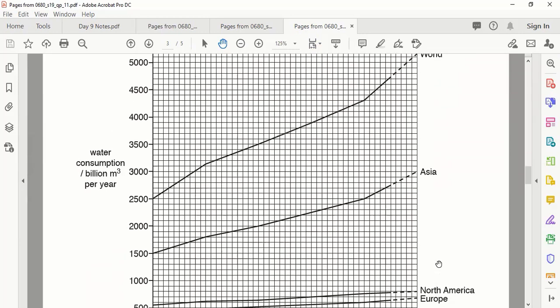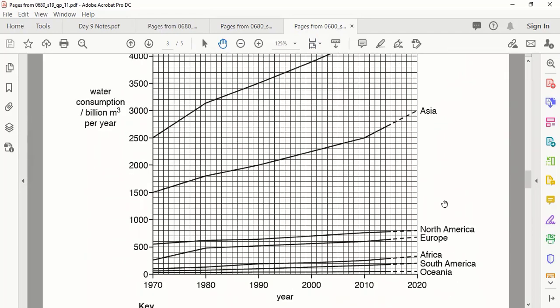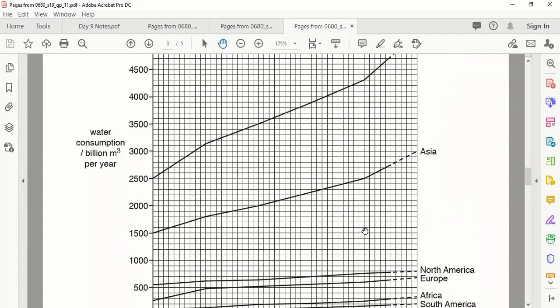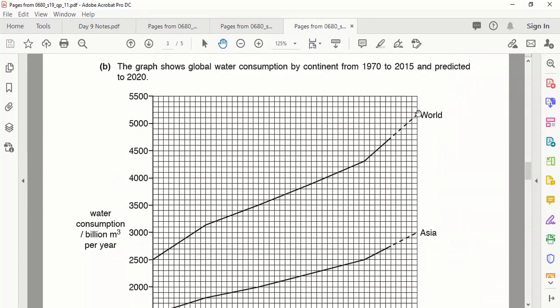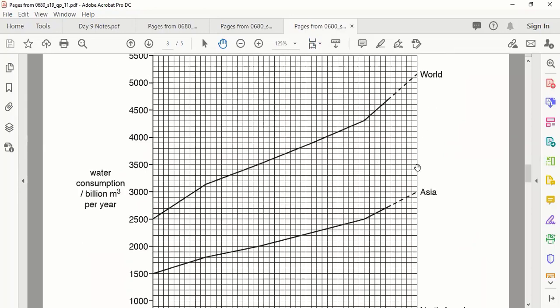How much water is used in each continent? And this is the total for the whole world, this one. Here you can see they have mentioned water consumption in billion cubic meters per year.